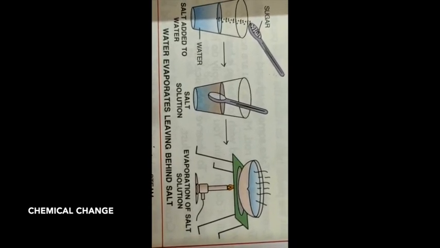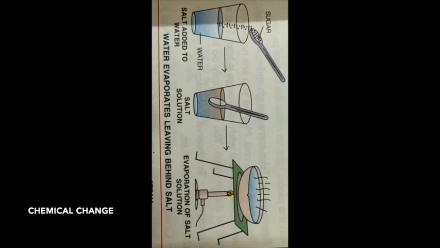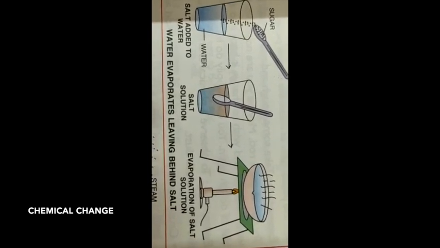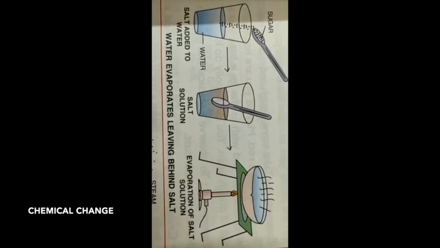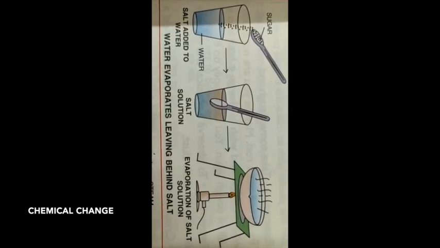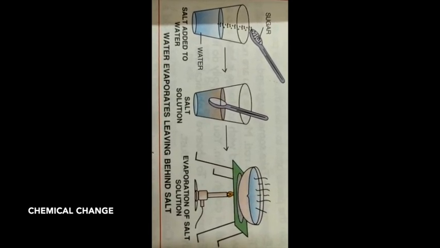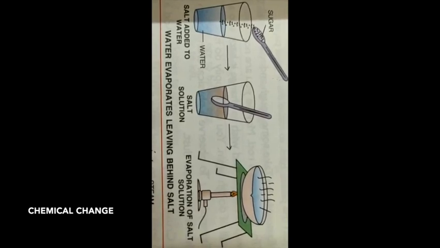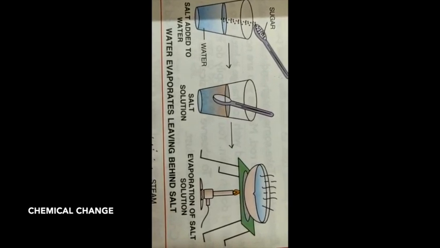Both are physical changes because we can observe that even after the process, that is dissolution of sugar or salt, the taste remains the same. Sugar solution is still sweet in taste, salt solution is still salty in taste.